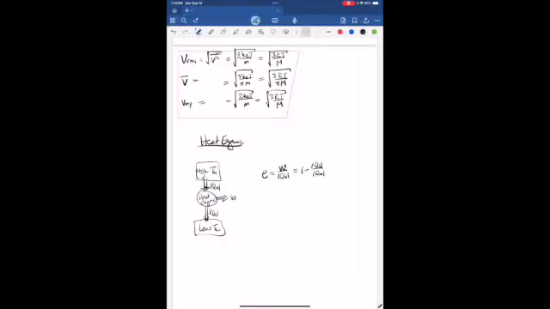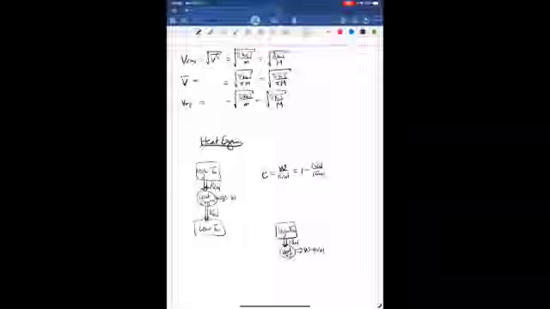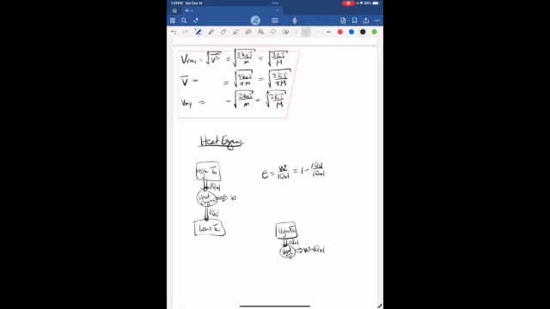So we imagined that we could build a heat engine which drew heat out of a high temperature reservoir and did an amount of work equal to that, right? With zero expulsion of heat to a low temperature reservoir. So this would have an efficiency of 100 percent. And we learned that the second law of thermodynamics told us that that is impossible.